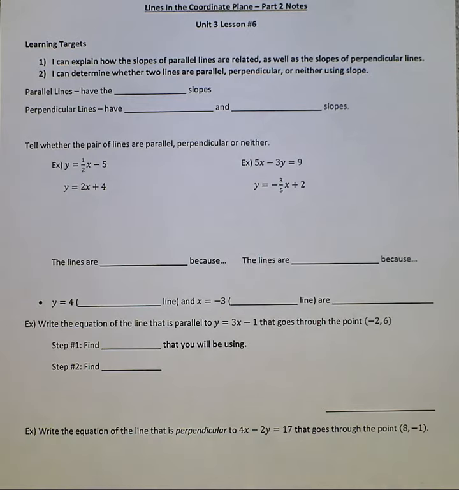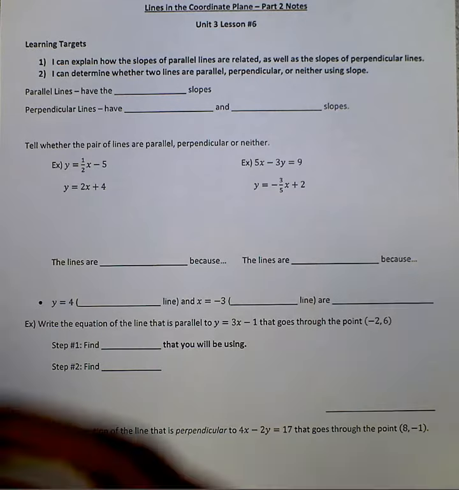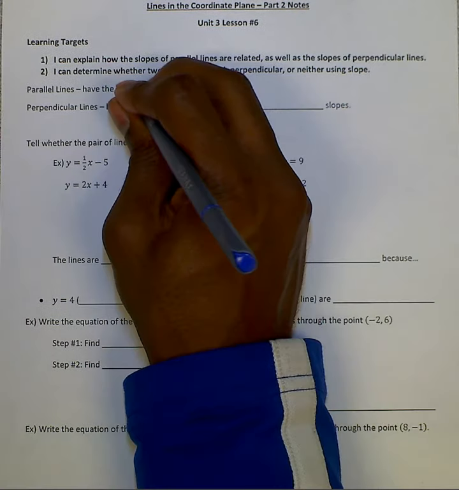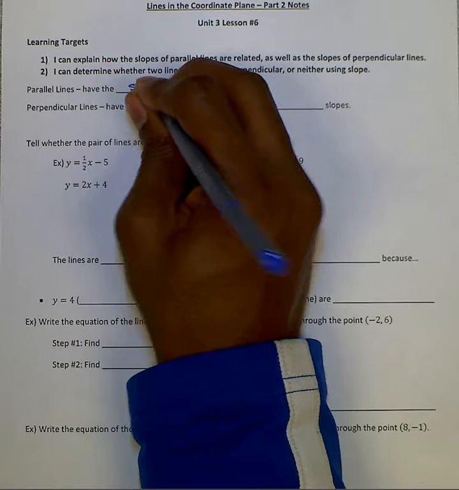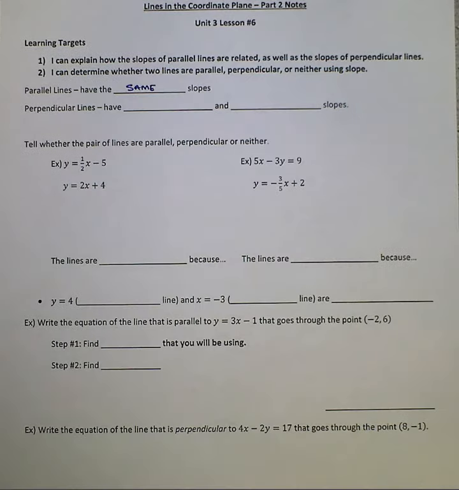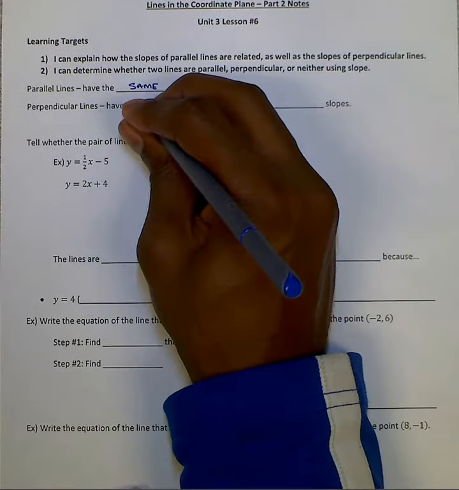Okay, again, this should be a review for you, but if it's not, good, new information. Parallel lines have the same slope. Perpendicular lines have opposite and reciprocal slopes.